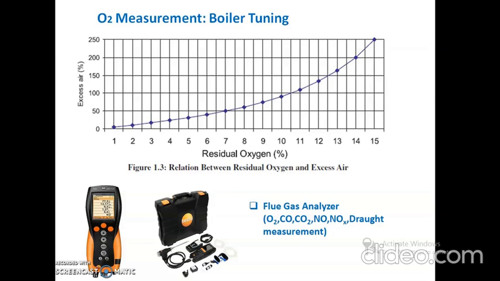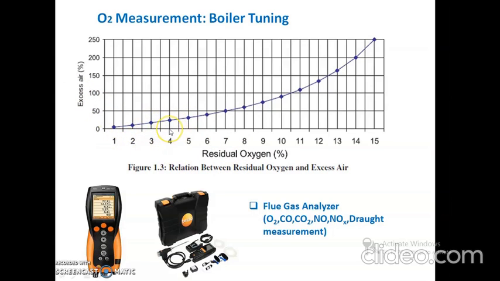Okay, more oxygen means more air you are going to supply, and more air means more loss. So in order to avoid that, you can do continuous oxygen measurement of the exhaust gas, and the percentage of residual oxygen in the exhaust gas is nothing but an indication of the excess air. So you always try to have less oxygen content.